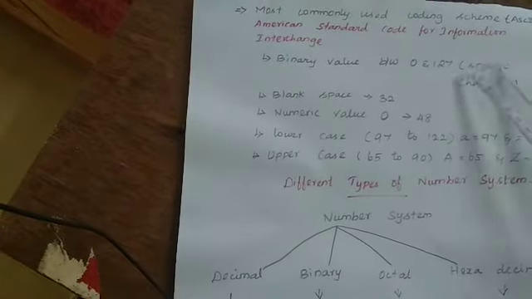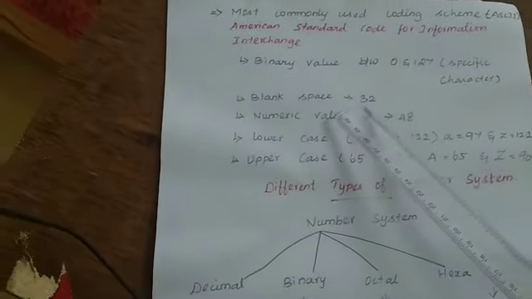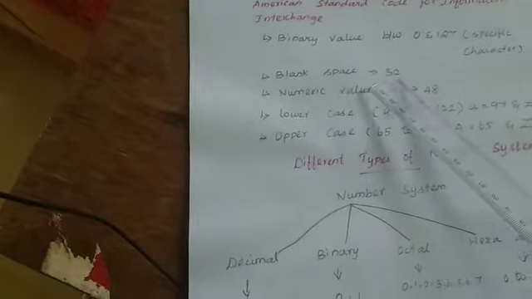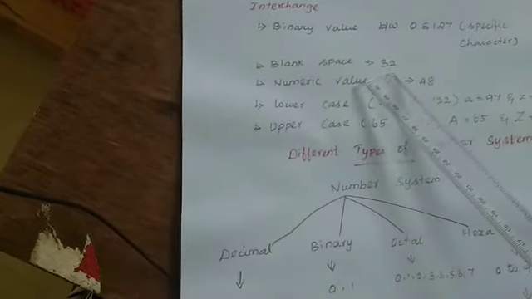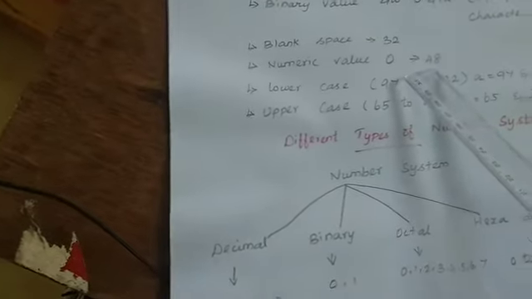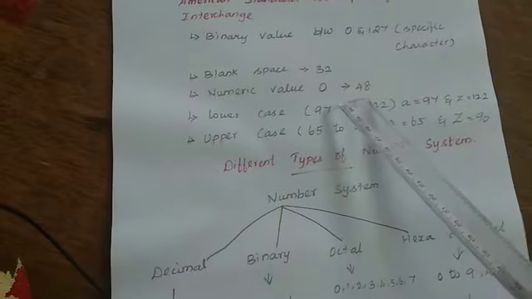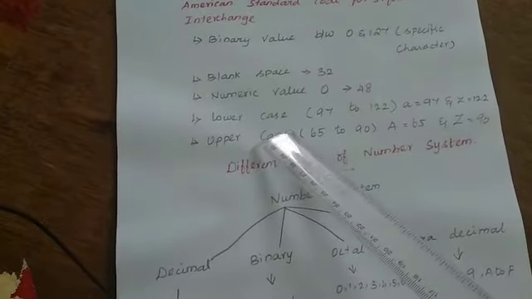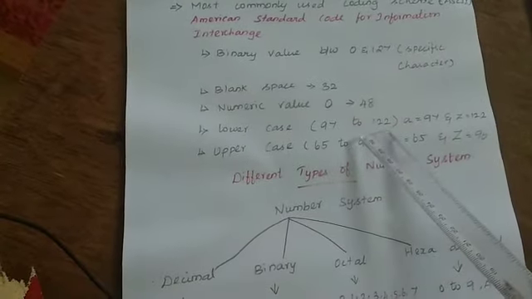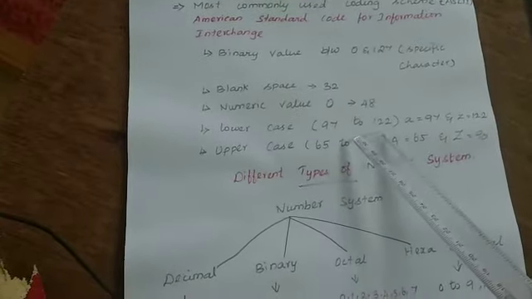It has some other specific characters. A blank space has a value of 32 in the ASCII coding scheme. And the numeric value of 0 in ASCII is 48. The lowercase letters consist of 97 to 122.